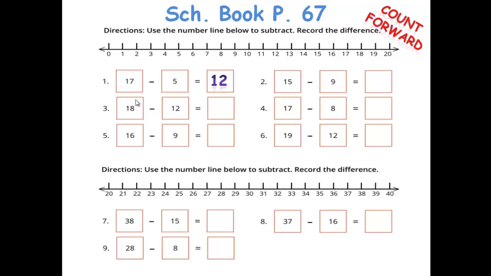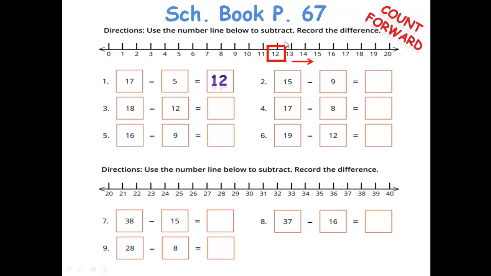Is it the 18 or the 12? Very good, it's the 12. So I'm going to circle the 12. And then I'm going to walk which direction? This direction. I'm going forward. So now put your finger on 12 with me. And let's count until we reach 18 and stop.